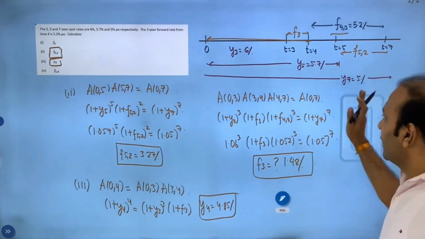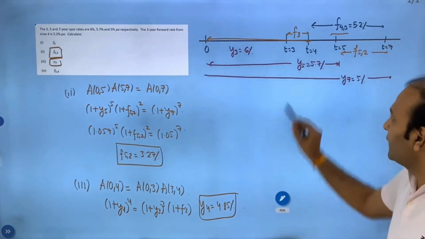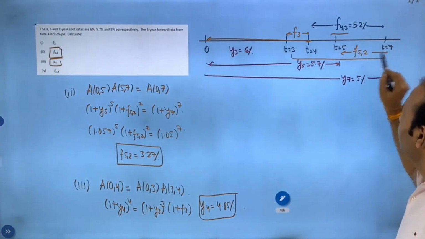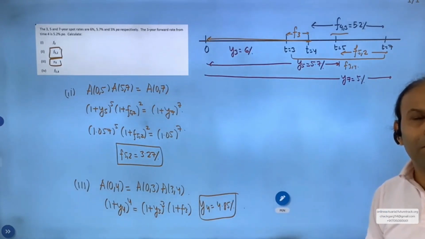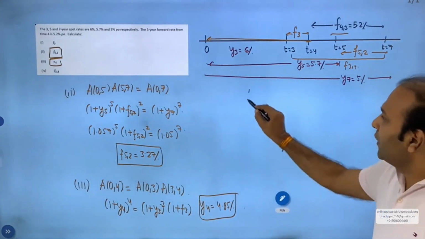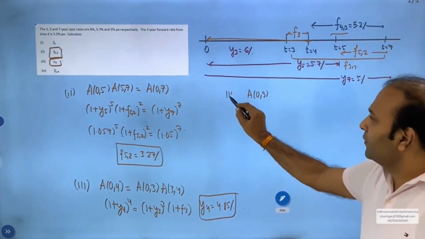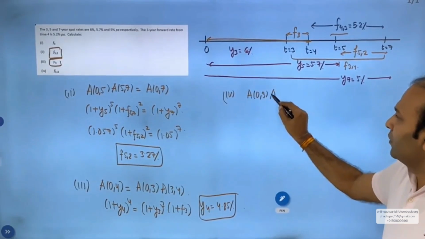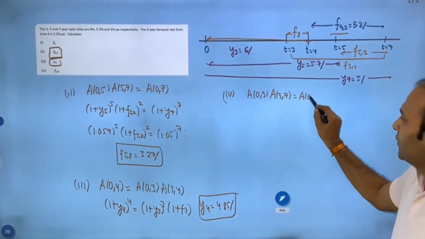Fine. Now class, the last one, f3 comma 4. So class, f3 comma 4 is this. Fine. So class, again A0 to 3, 3 to 7 is equivalent to A07.